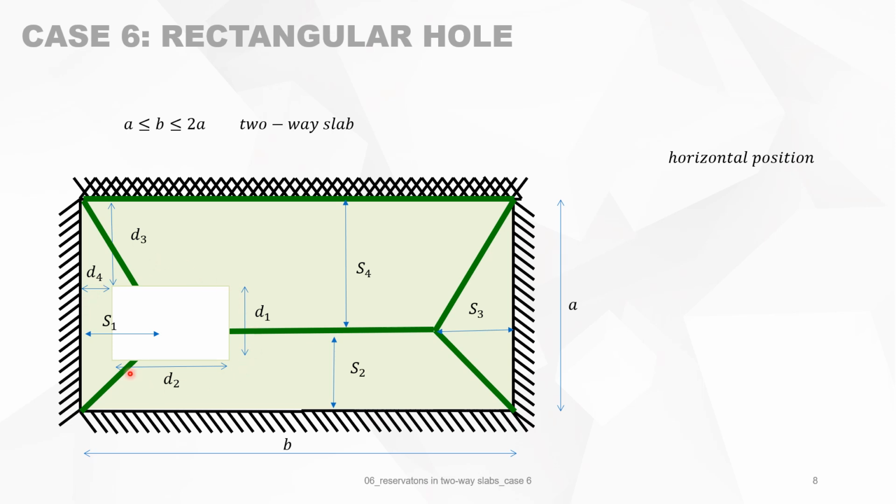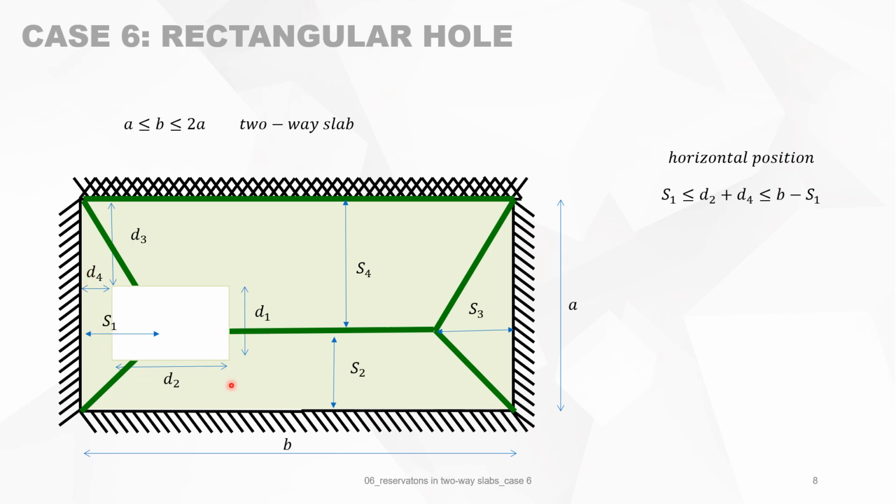The horizontal position of this whole case 6 is such that the reservation will not cut the yield lines on the left-hand side, and it will not cut the yield lines on the other side of the hole. In fact, it is simple.